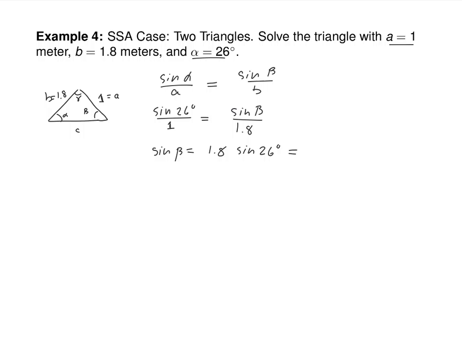When I did that, I got 0.789. Did you guys get that? Then beta will equal sine inverse of that. And what did you get for that? I got 52.1.